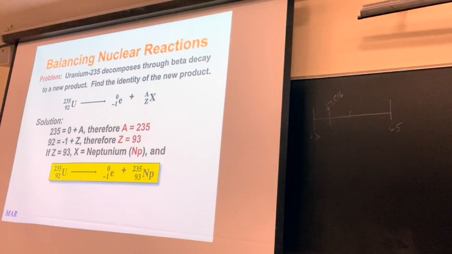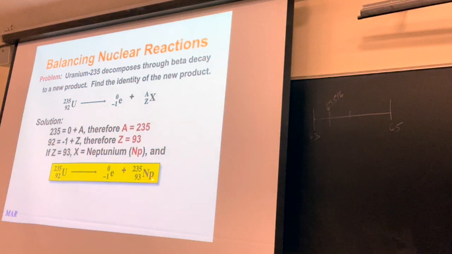So what this says is that uranium-235 here is undergoing beta decay, and that means it's losing a beta particle, an electron. And in the process, we end up making Neptunium-235. And again, what we did here is lower left-hand numbers on the left equal lower left-hand numbers on the right. Same thing for the mass numbers.